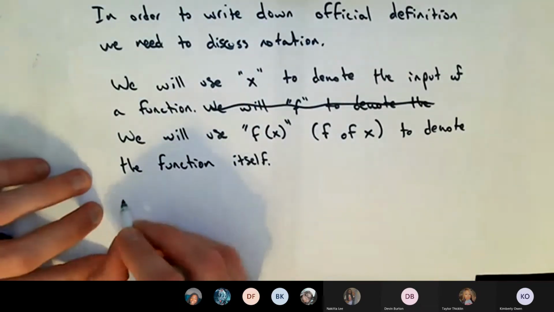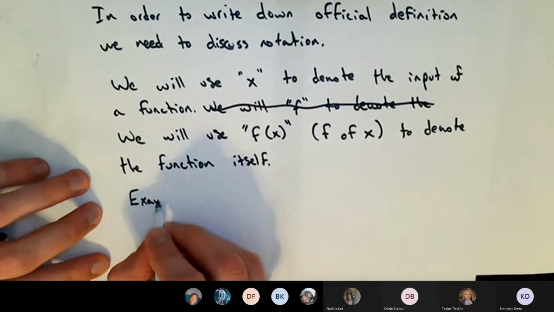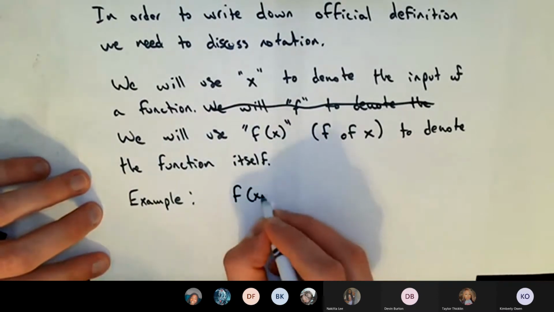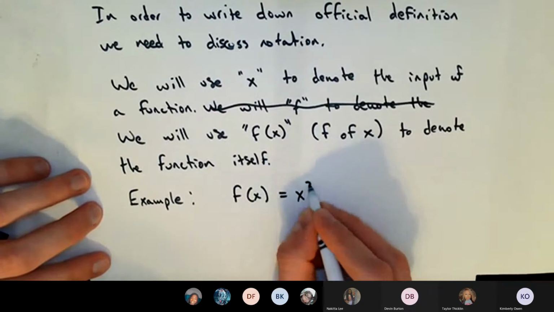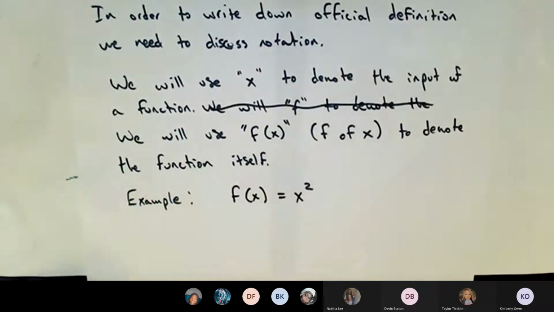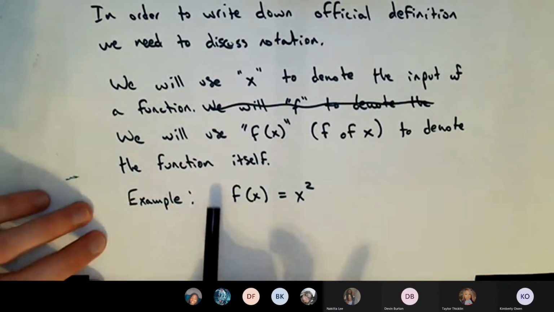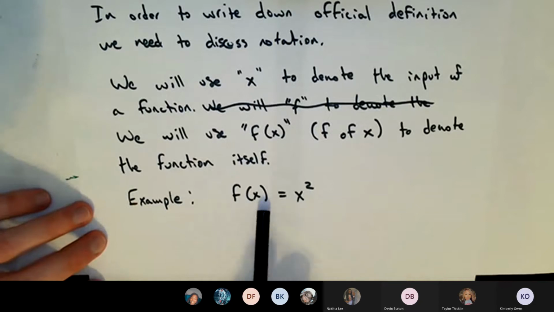So here's an example of a function. f of x equals x squared. I'm saying that the function itself takes in an input x.